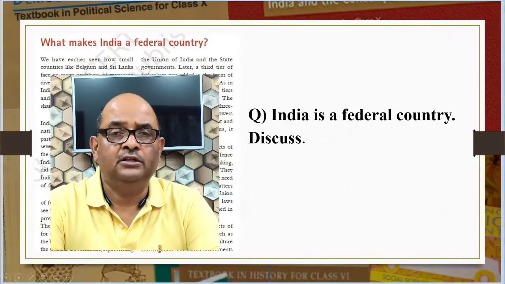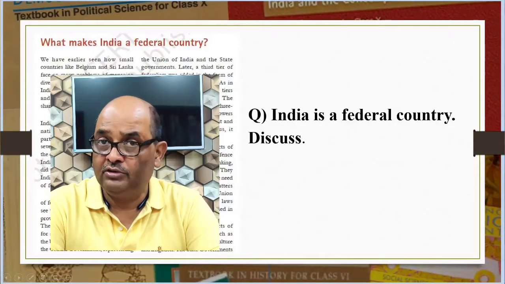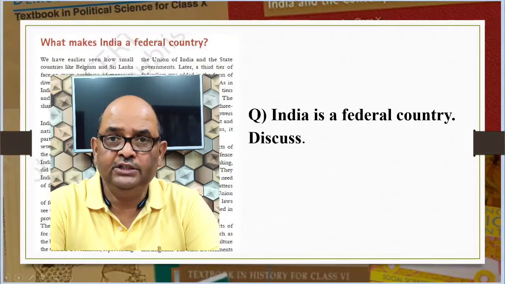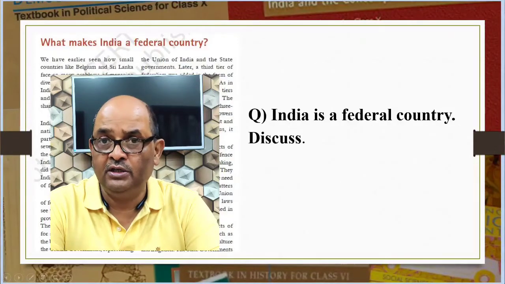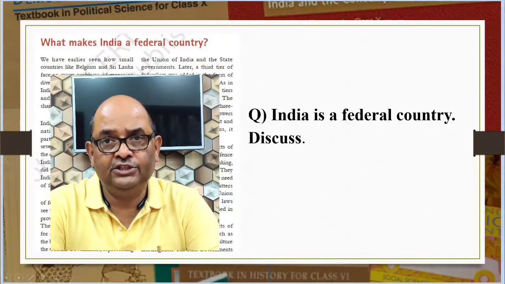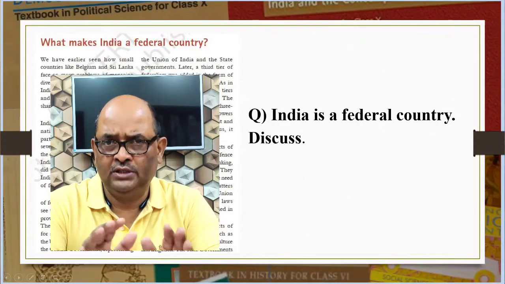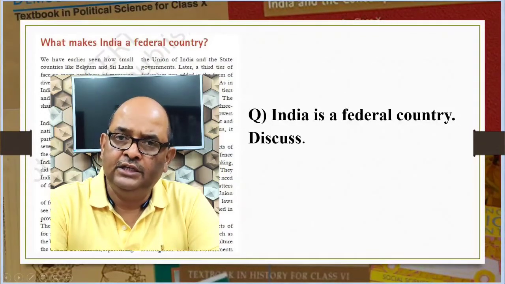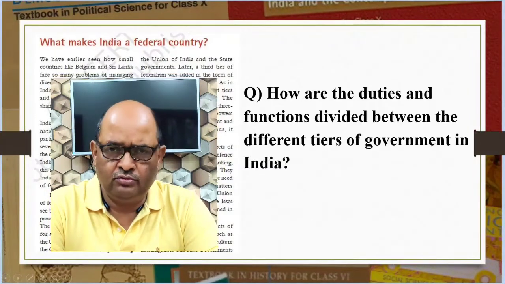And finally, the Parliament on its own cannot make changes in the power sharing arrangements. Any change has to be first passed by both the houses of Parliament with at least 2/3 majority. Then it has to be ratified by the legislatures of at least half of total states. Thus we see that India possesses all the features of federalism.